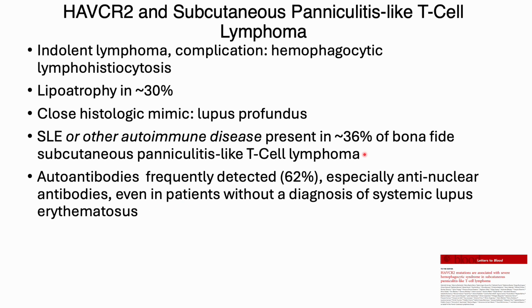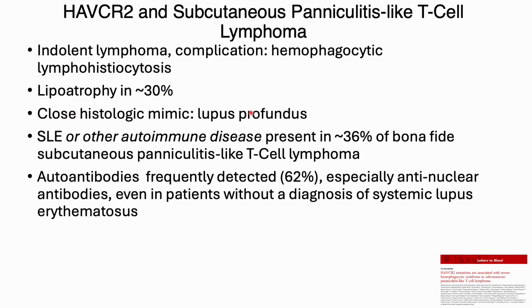So a bit more about subcutaneous panniculitis like T-cell lymphoma. It's an indolent lymphoma. A severe complication is hemophagocytic lymphohistiocytosis. You can see lipoatrophy in 30%.